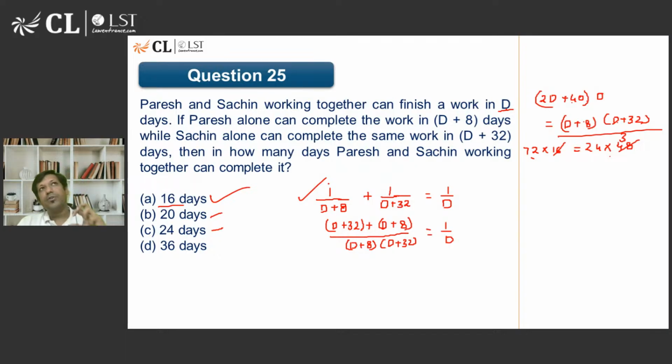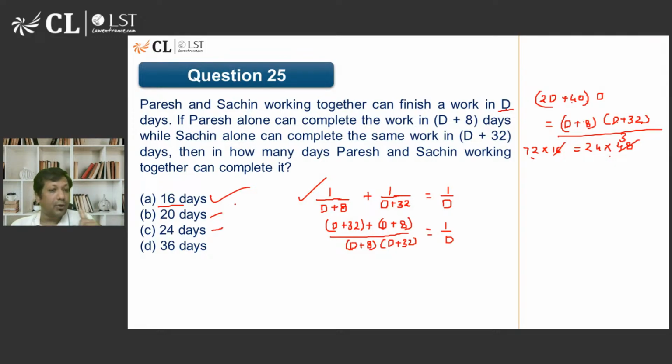So in these kinds of questions, when you are stuck, right? In this question, the actual number of days was not given. If it were said that Paresh does it in 7 days and Sachin does it in 12 days, then you can assume the total work. But in this case, that is missing, so that's the reason we are going with the approach of fractions. Even with the fraction approach, you can still solve this question easily with the help of options.